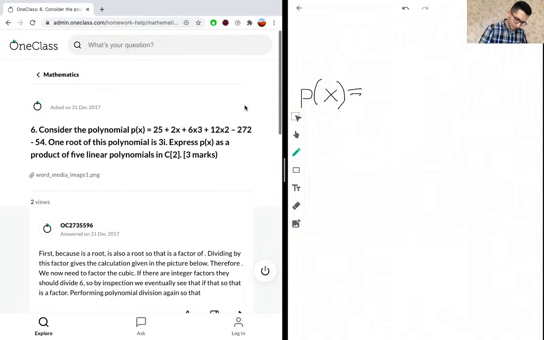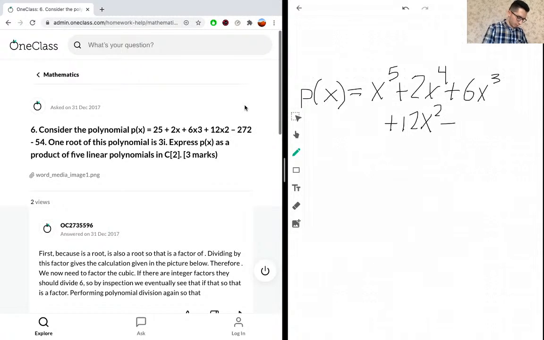So we have x to the power 5 plus 2x to the power 4 plus 6x cubed, and then plus 12x squared, plus, sorry, not plus, minus 27x, and then finally minus 54.